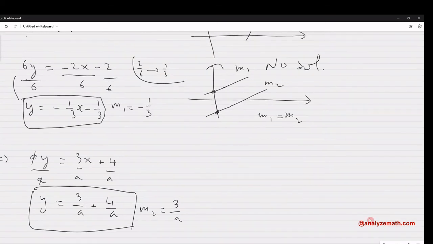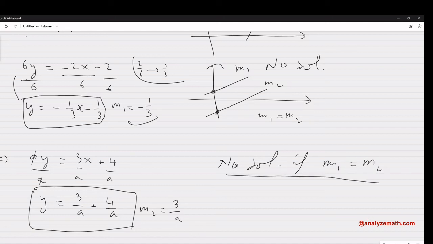Now we have no solution if m1 equal m2. Good. Now let's put m1 equal m2. When we solve this, so we cross multiply, that will give me a equal -9.